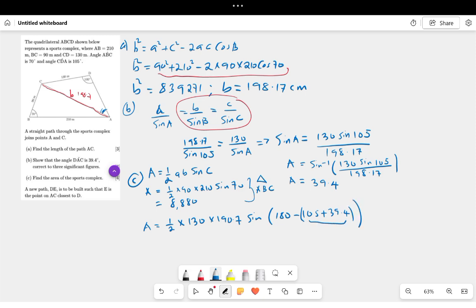These two, when we combine them and subtract from 180, give us angle C. So the area is going to be 1 over 2 times 130 multiplied by 198.17 sine, and when you work this out, you will realize that the angle is approximately 35.6.